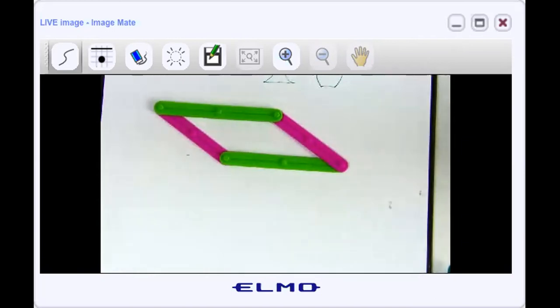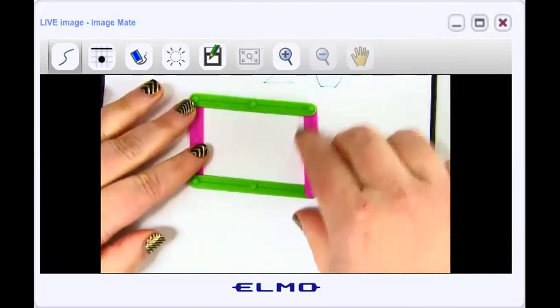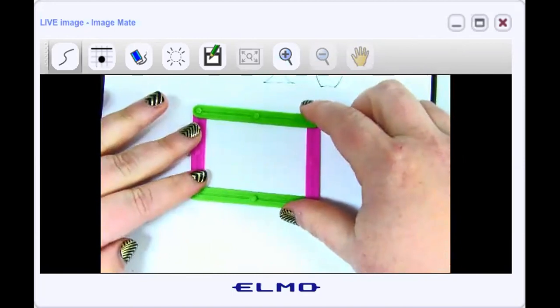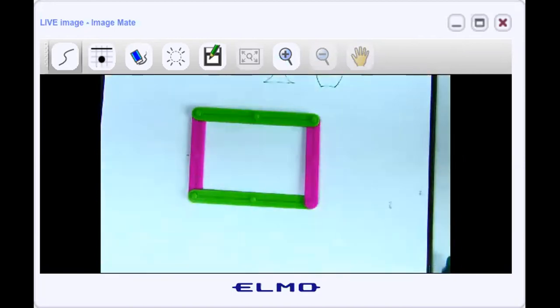Yes, parallelogram. I have two pairs of opposite sides that are parallel to each other. So that thing is a parallelogram. What is it now if those are right angles? What's the best name for that thing? Yes, now it's a rectangle.